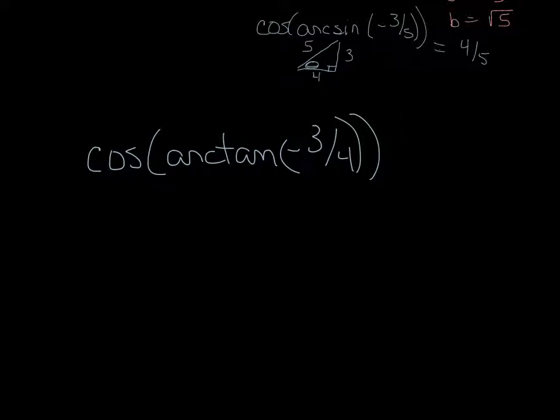All right, so if the arctan is negative 3/4, which quadrant are we in? No, the fourth quadrant. So that tells me my answer for the cosine will be positive. Okay, so let's draw our triangle.